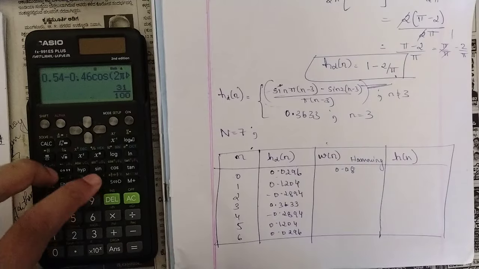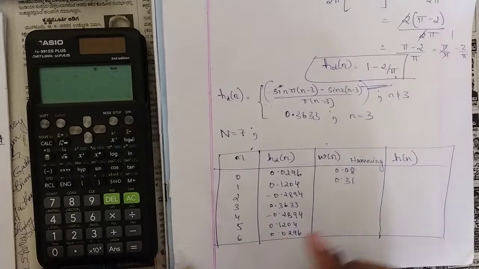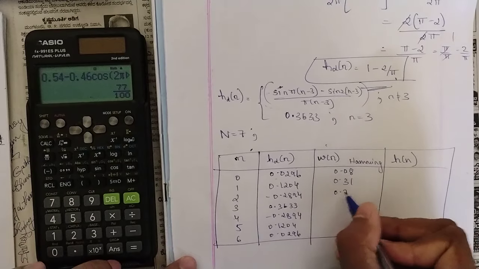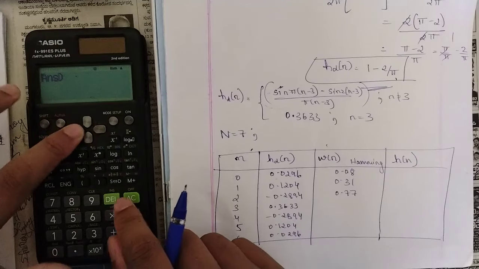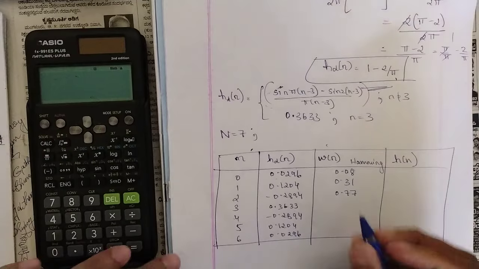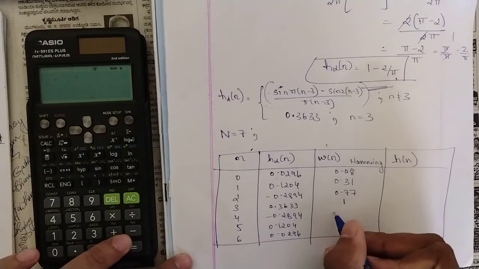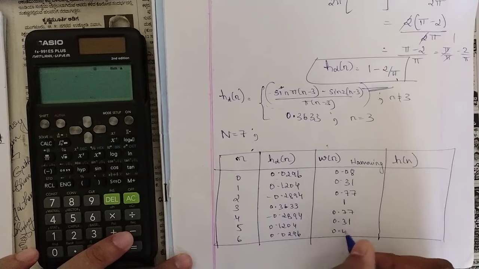For 1 it is 0.31. For 2, 0.77. For 3 it is 1. Again for 4 it is 0.77. For 5, 0.31 and 0.08.